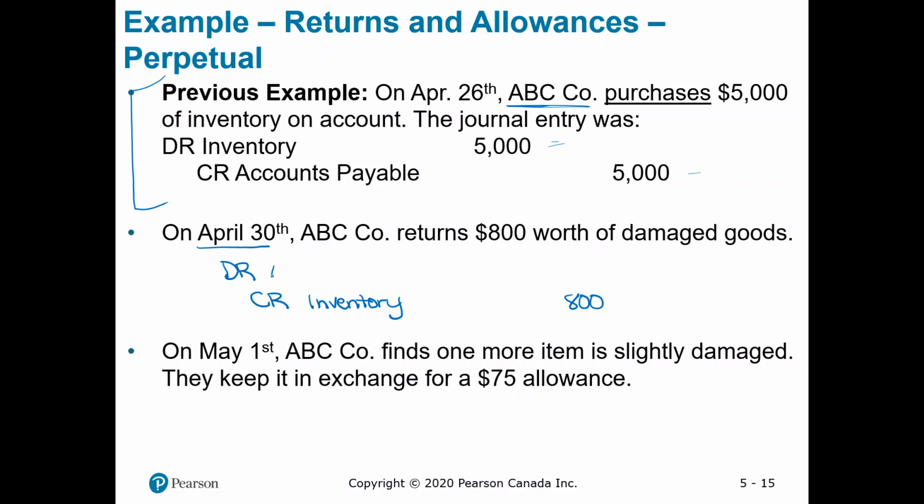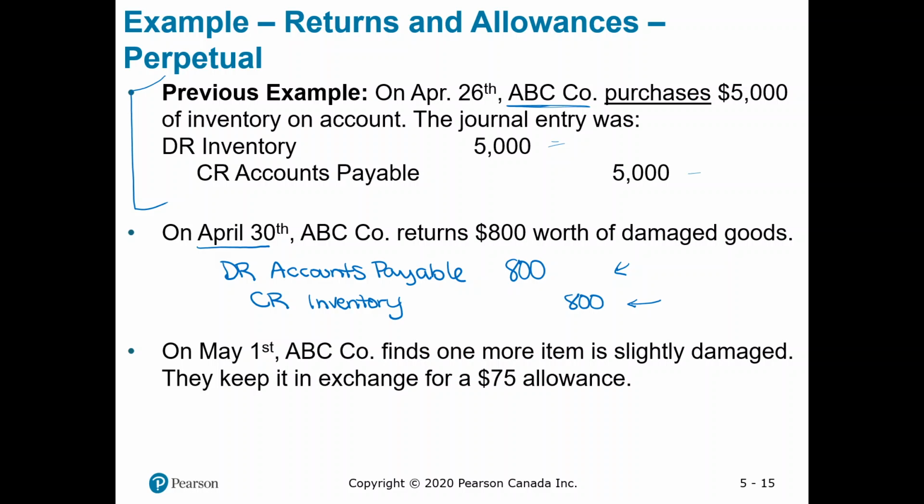So we also will have to pay less. Because we're paying less, we can decrease our accounts payable. So we also debit accounts payable for the $800. So we reduce the amount that we need to pay, which is our accounts payable, and we take it out of inventory because we don't have those items anymore.